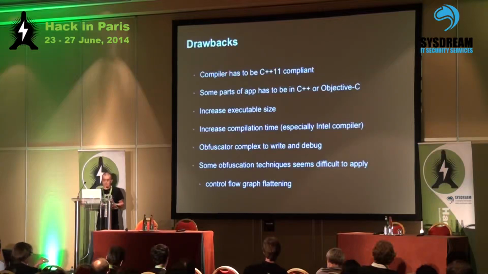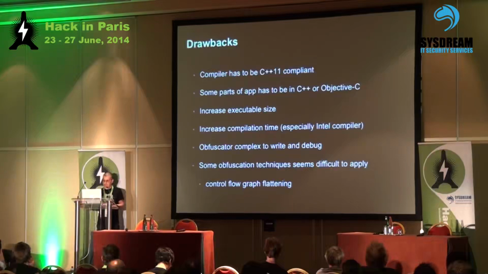It's better with the latest compilers. Error messages are better with templates. However, it's not so simple. And I didn't find a way to apply some obfuscation techniques with metaprogramming, especially control flow graph flattening. It's better to do that at another level, at the level of the intermediate representation of compiled code.